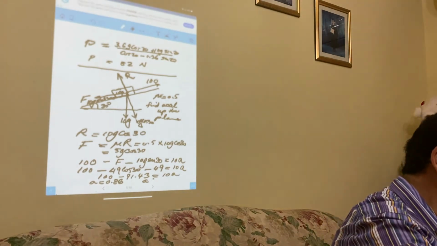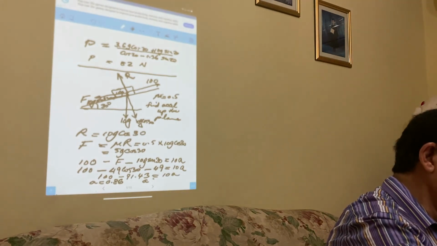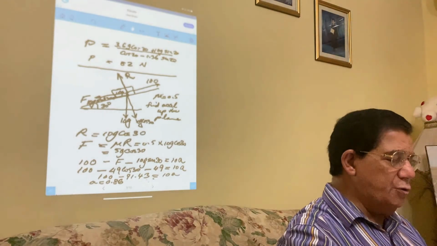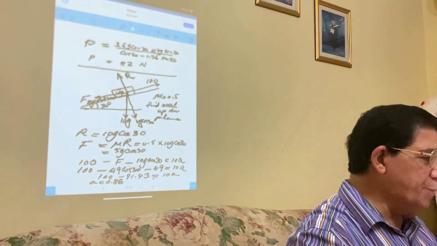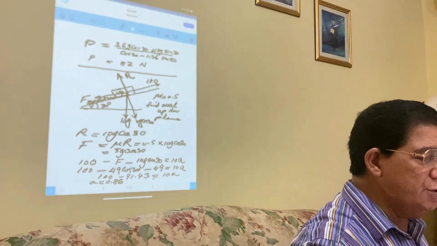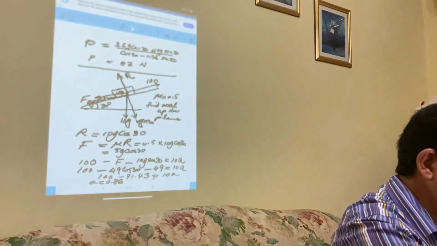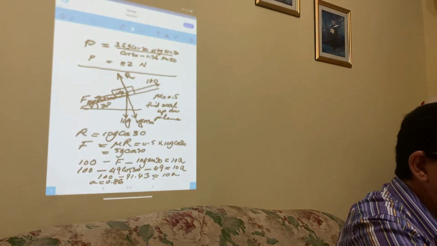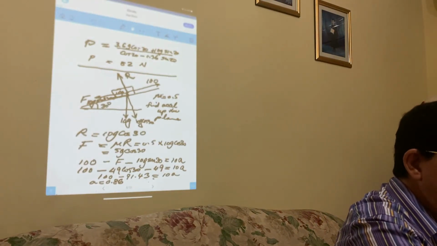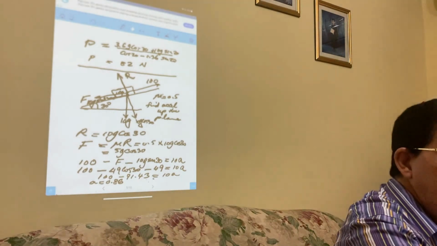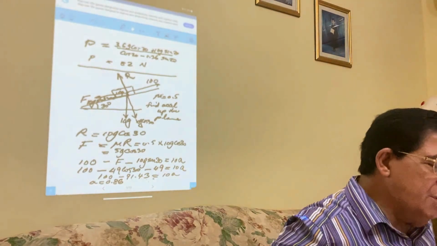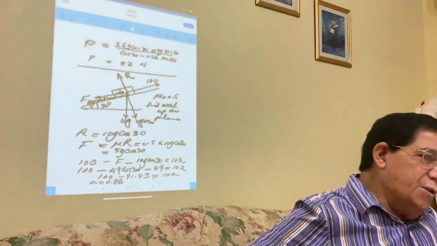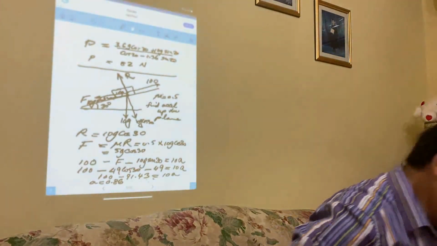Now, we have covered the last topic of the chapter, which is friction. And now we learned that if the body is already moving, that means we reach the limiting friction.